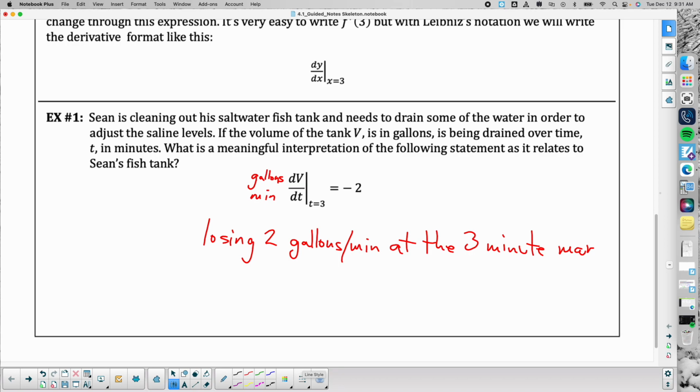Mark might not be the right word, but we'll call that Midwestern lingo. The negative, they frequently won't say -2 gallons per minute. They frequently will say gaining or losing to indicate positive or negative. Are we okay with that one? Yeah.